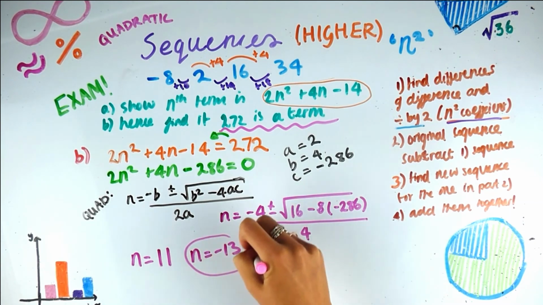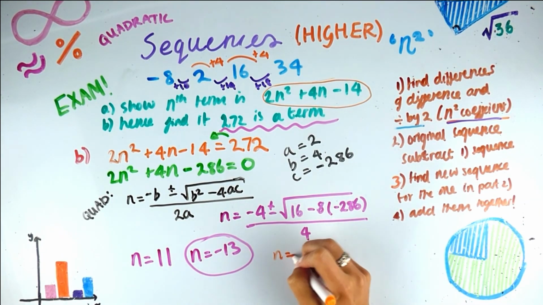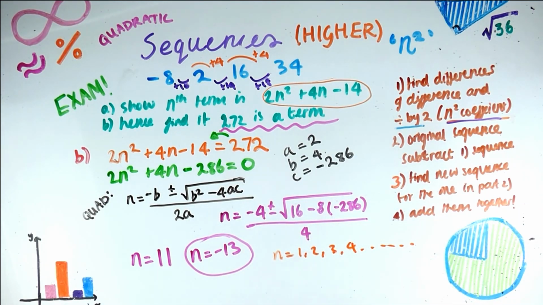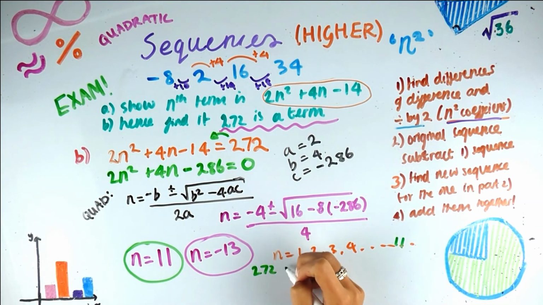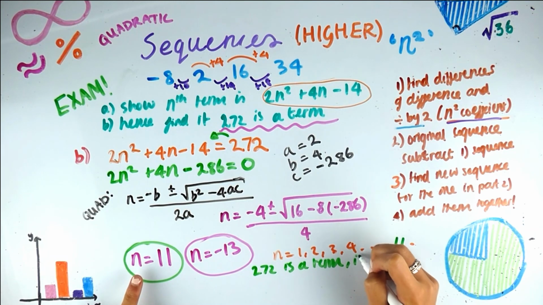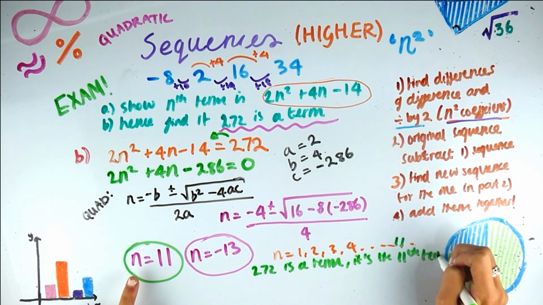Now we're not going to take negative numbers because n is going to be values like 1, 2, 3, 4, it's a term in our sequence, positive values. But 11, we can take 11 as an n value, it's a positive integer. So yes, 272 is a term, and in fact we can identify it as the 11th term in the sequence.